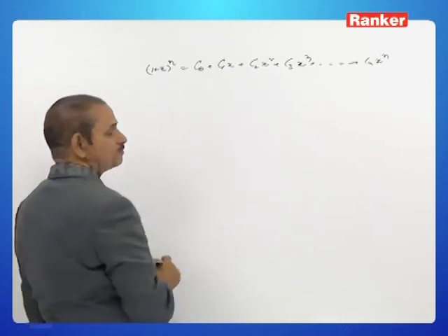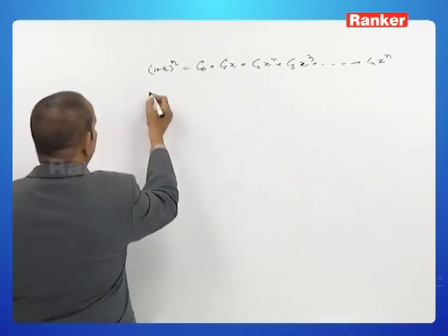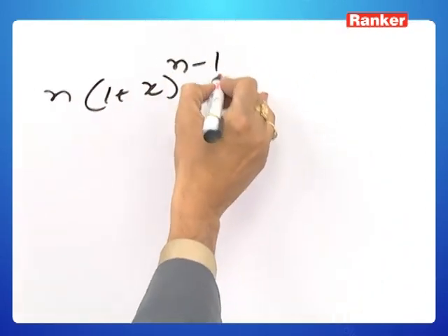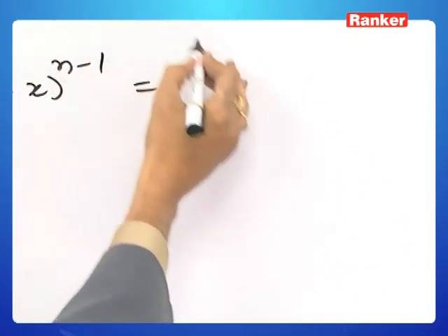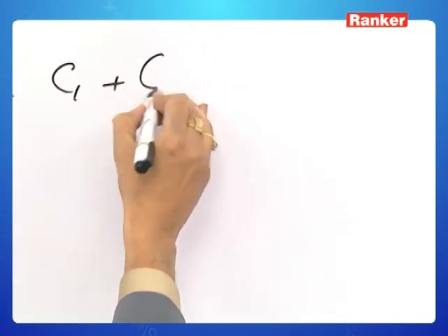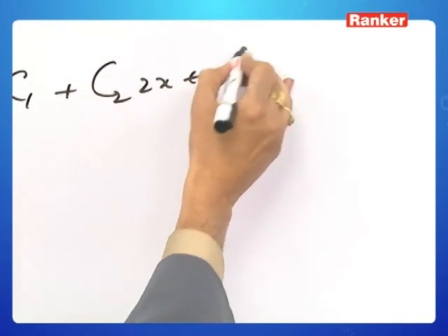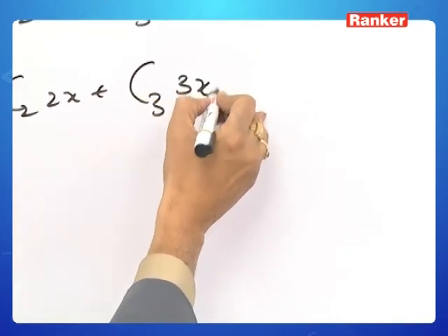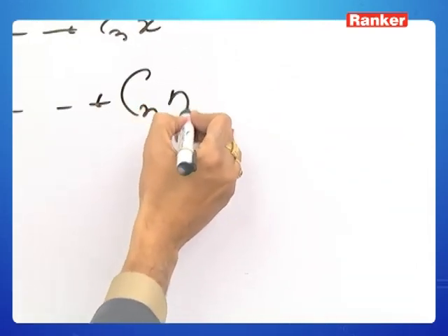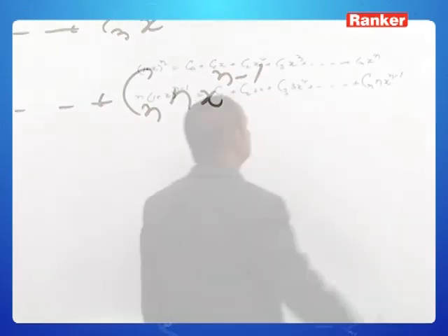Differentiate with respect to x on both the sides. What happens? n into 1 plus x whole to the power of n minus 1 is equal to 0 plus C1 plus C2 into 2x plus C3 into 3x square and so on, up to Cn into n into x power n minus 1.